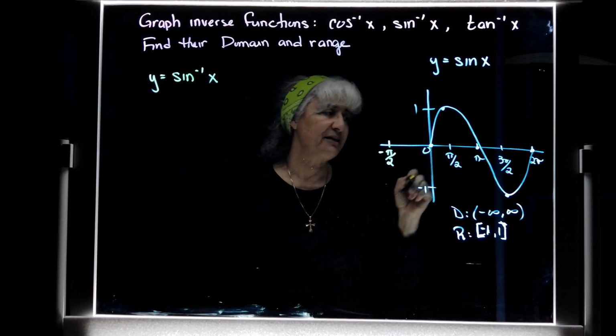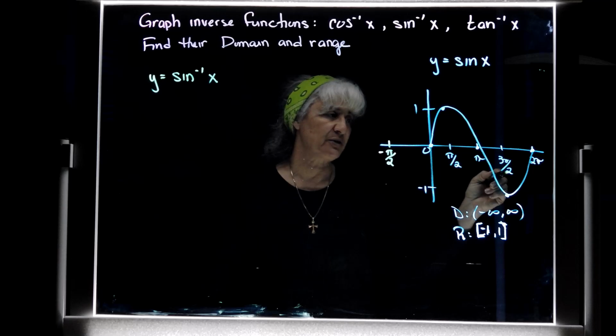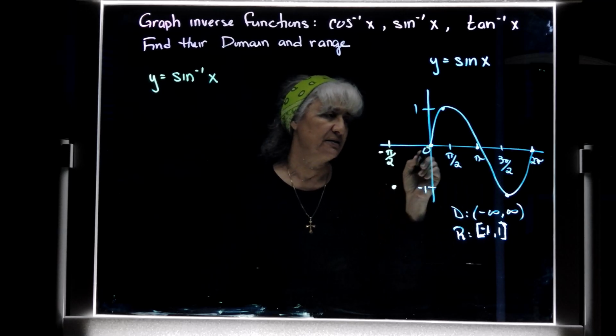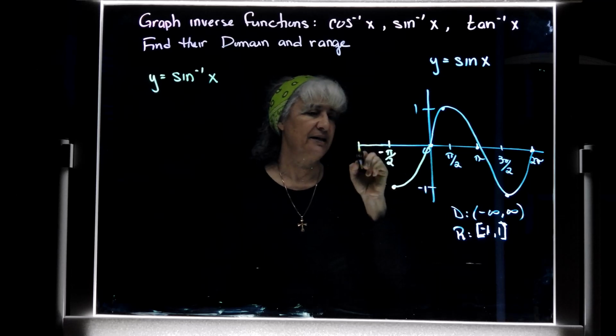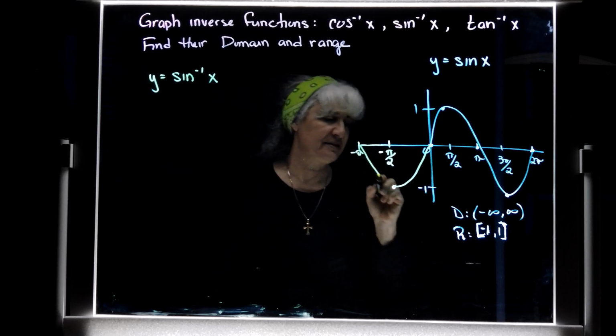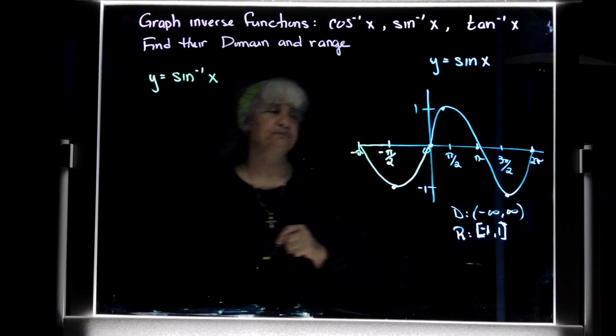And at negative pi over 2, remember it's the same as 3 pi over 2, we get this, right? And then at negative pi, it does this. Agreed? Okay.